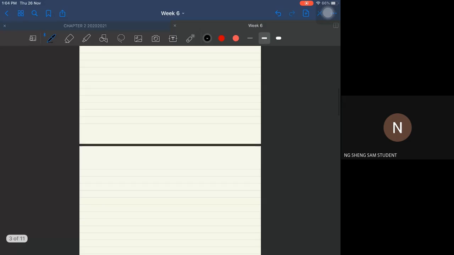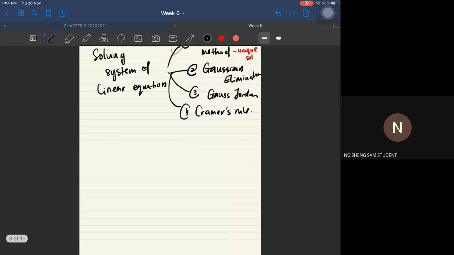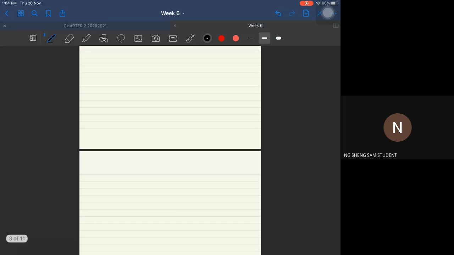Okay, this one, inverse matrix method ni kan, some of you confused. Sebab you all yang ni kan, you all belajar menggunakan video kan. Inverse matrix method.